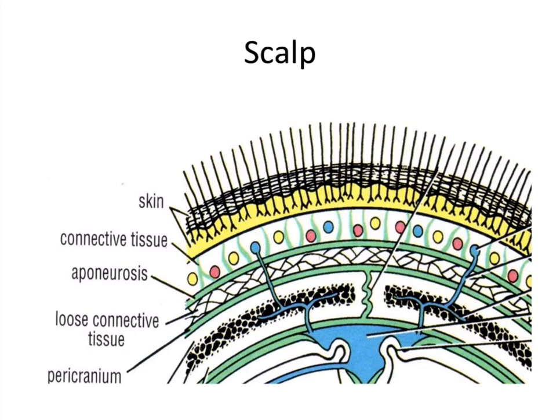These valveless veins are called the emissary veins, which could be the route of transmission of the infection from the scalp to inside the brain. So we call this layer the dangerous layer or the dangerous zone.